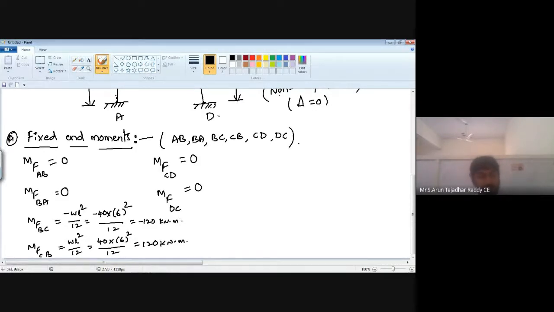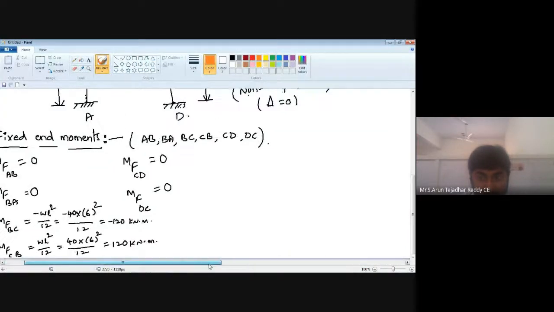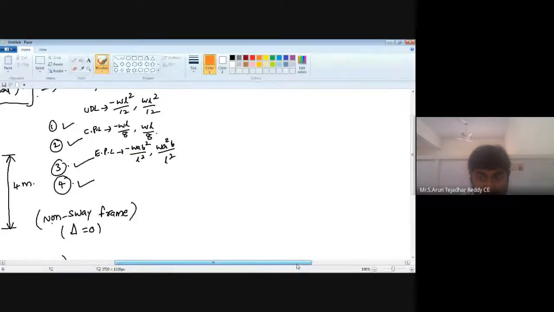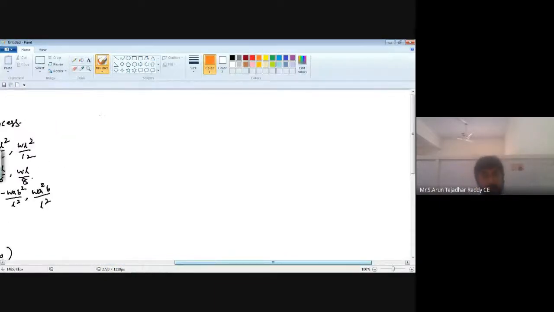See, this is our first step. Already you know that the first step is common for all fixed end moments. Now, what is the second step here? Second step, apply the slope deflection equation.